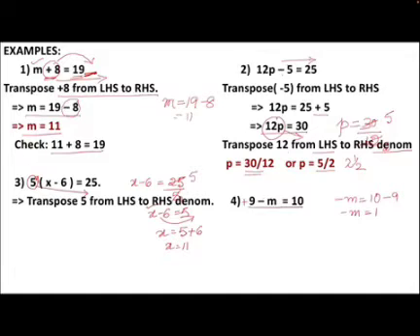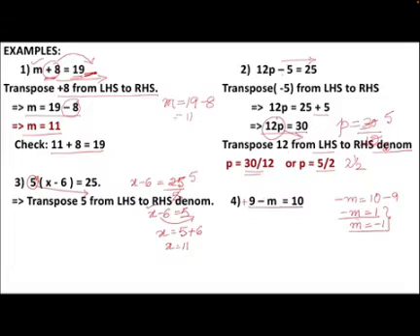But like I said, always make this variable positive. So you can multiply by negative sign on both sides. If minus m equals 1, m equals minus 1. I hope you understood. Minus m equals 1 or m equals minus 1, both are one and the same.